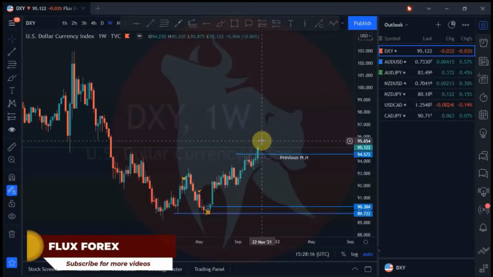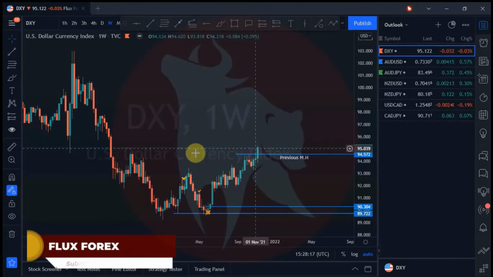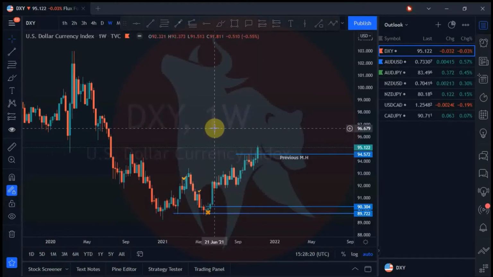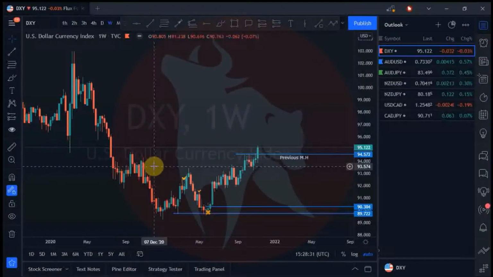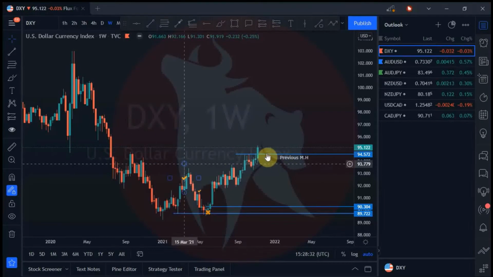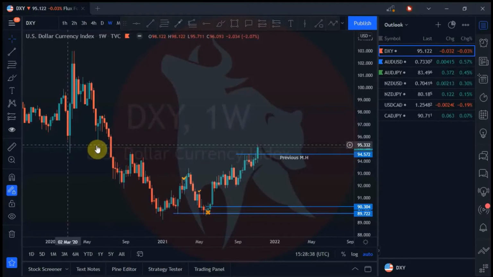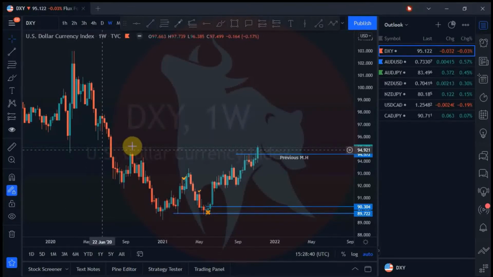First of all, we start with the dollar index and see what it is doing from the perspective of the market makers. Looking at my previous analysis, I was targeting this area, and price got exactly to my target.